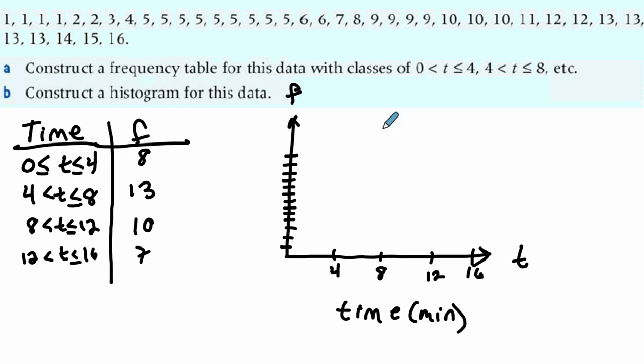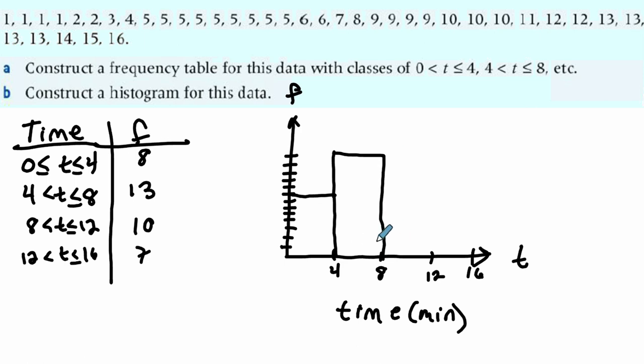Now we construct the histogram, starting from 0 to 4. Since we included 0 in here, when we make our bar, we start at 0 and go up to a height of 8. I'm going to pretend this is 8. Then it comes down at 4. From 4 to 8, there's 13, so I go up to 13, come over to 8, and come down.